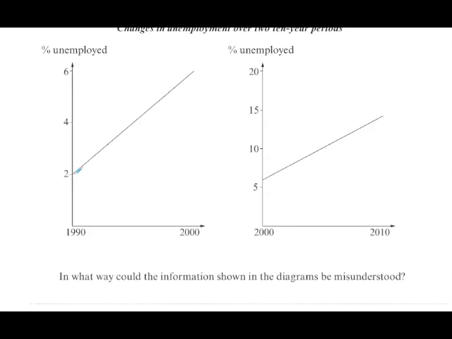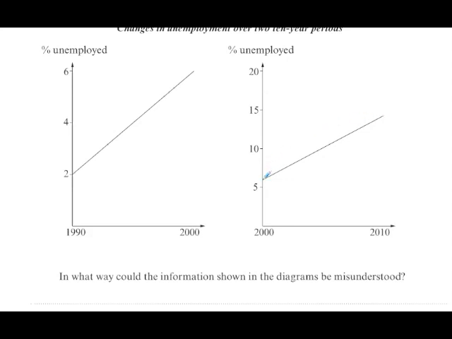However, if you look at the scale on the y-axis here, this ranges from 2 to 6 here. So the difference between 1990 and 2000 is 6 minus 2, which is 4%. That's 4% only. Whereas here, let's say that's 6, and I'm not very good at looking at that, but that says roughly 15.